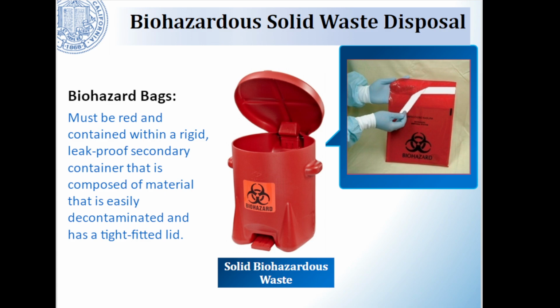Place these bags in a compliant secondary container that is labeled, leak-resistant, and has a tight fitted lid. Do not use hampers or wire baskets, and do not overfill the containers. Finally, do not discard anything that will puncture the plastic bag. Every year, custodians are injured from glass pipettes or sharp objects that were improperly placed in plastic bags.